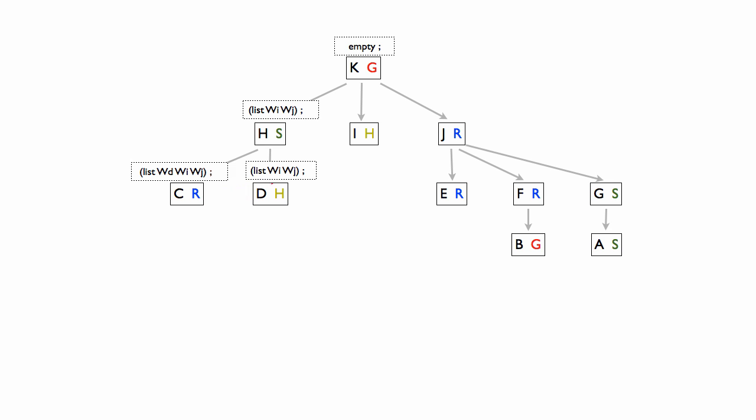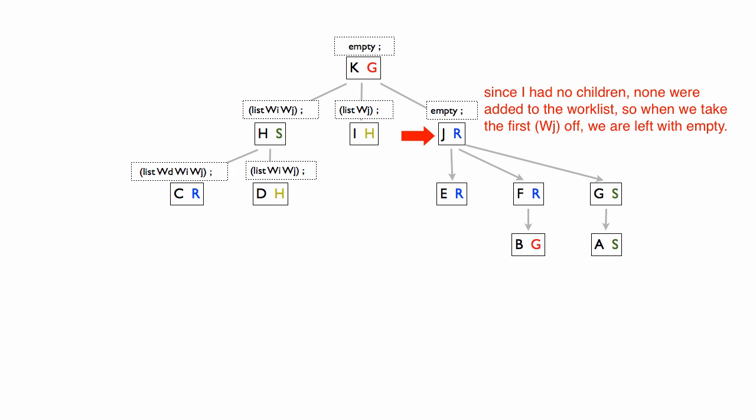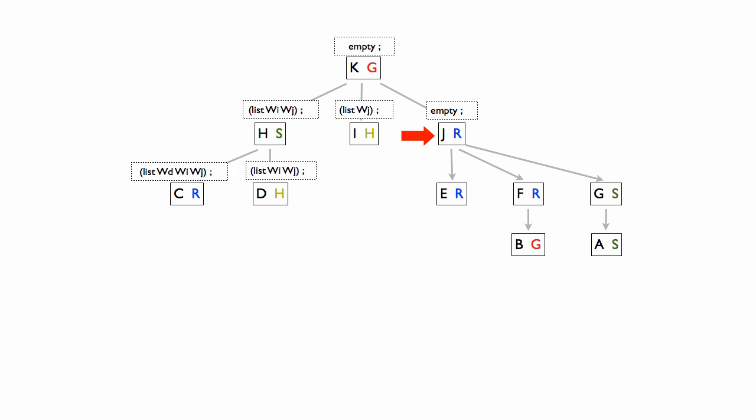By the time we get to I, it has J on it. So each time we get to a wizard, we add all their children to the front of the work list. And then we take the first one off and keep going. So the work list always has kind of the rightmost part of the children at the front of it.